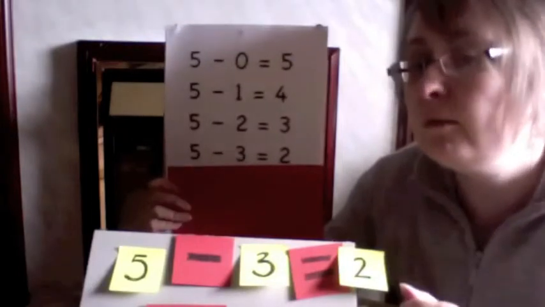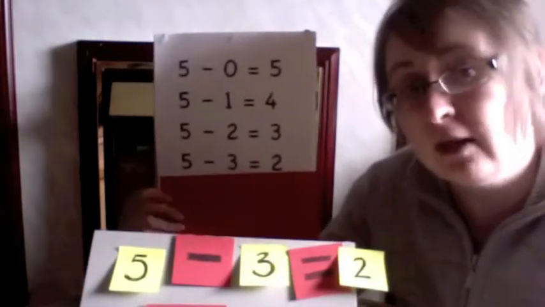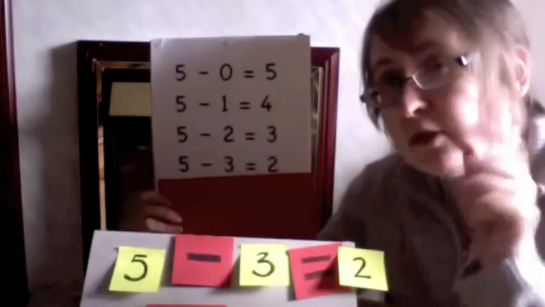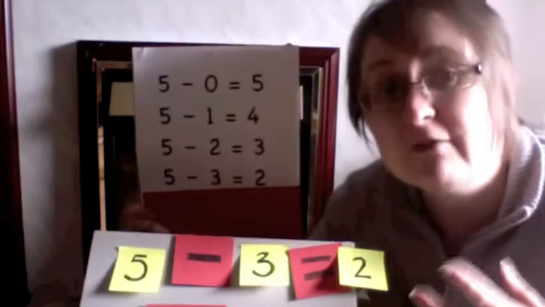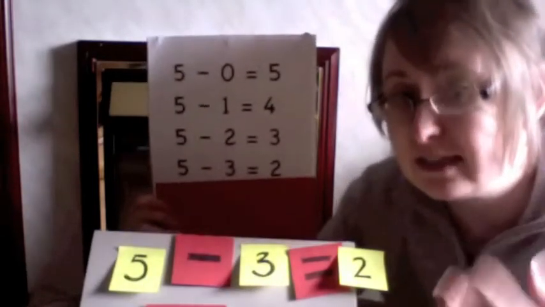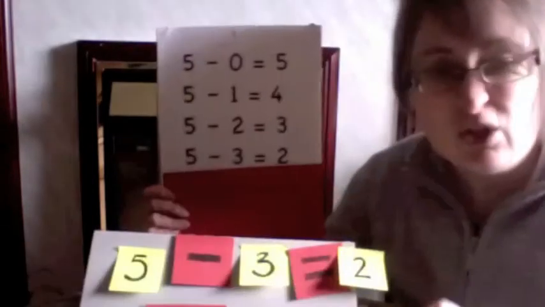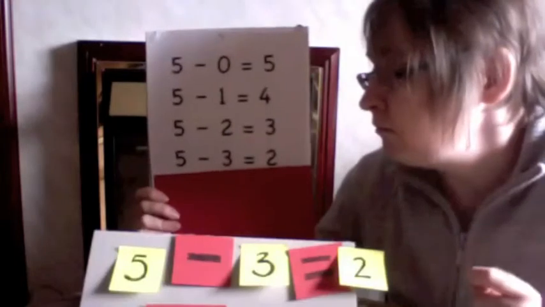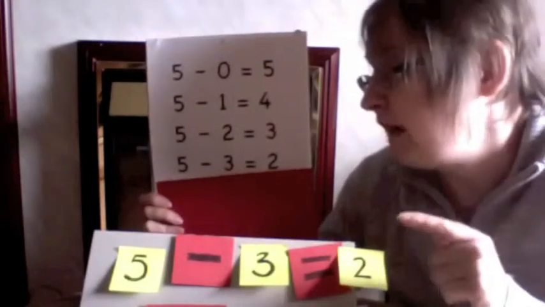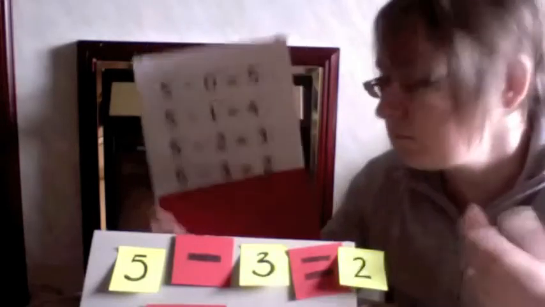So you know that if you know the fact 5 take away 2 is 3, if you turn those numbers around and say 5 take away 3, it will definitely equal 2 because it's the number that's left there. So really, you only need to know one of those facts. If you've learned that one, you will be able to answer the other subtraction fact without even thinking about it.